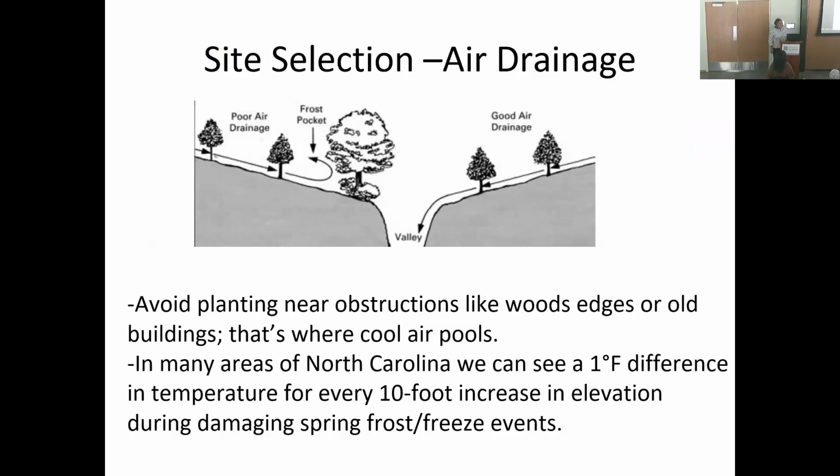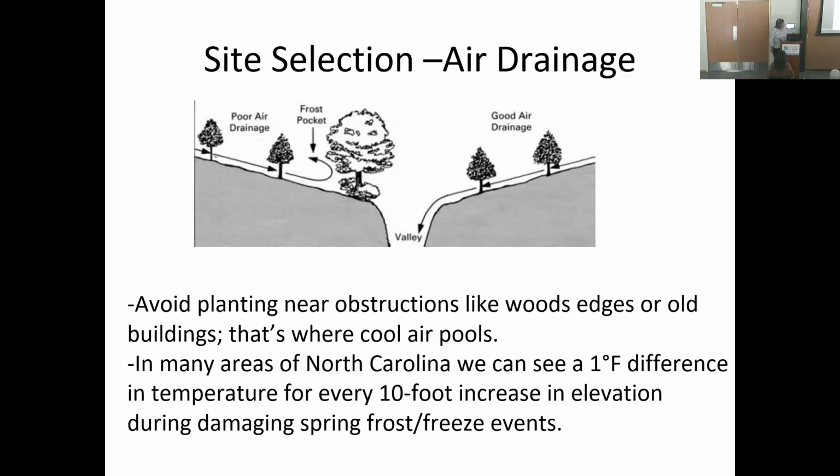Air drainage, that's very important. We live in the Piedmont, we have hills, we have valleys, and so you don't want to plant at the bottom of a hill if you can avoid it, and you don't want to plant next to low buildings where the cool air is going to pool, usually right before sunrise, which is the coldest time of the night usually.